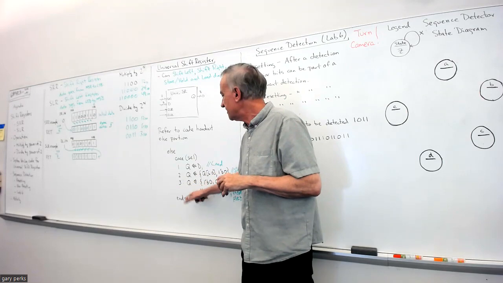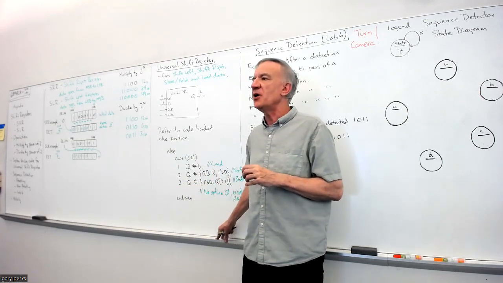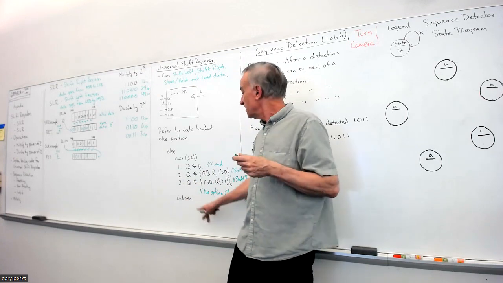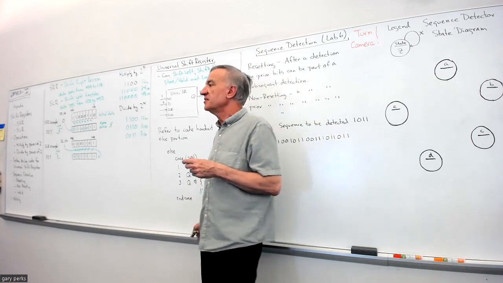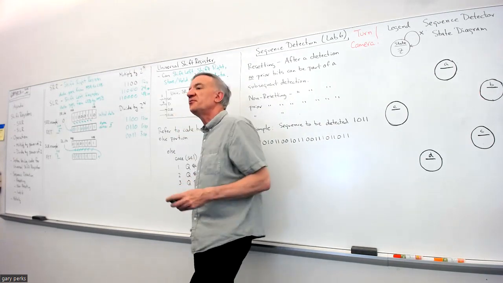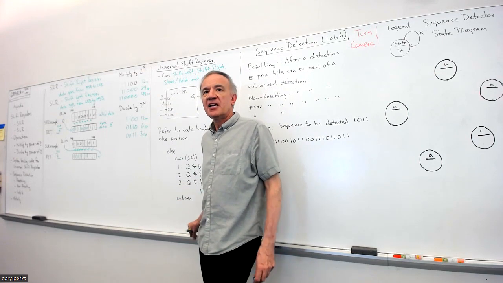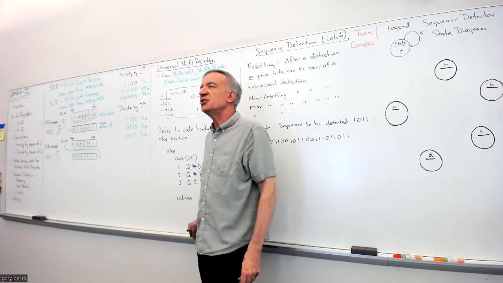Because if I don't have a default, that means it's going to default to what? You're missing something and create. Just like we didn't have a 0, it created a latch. So by not having the word default, the default becomes the hold state. Okay, in a memory like this, that's what you would want.